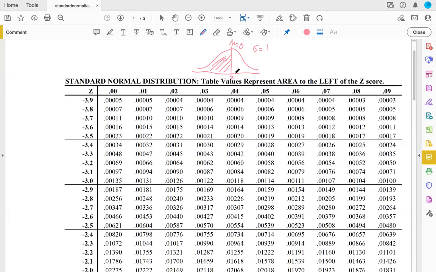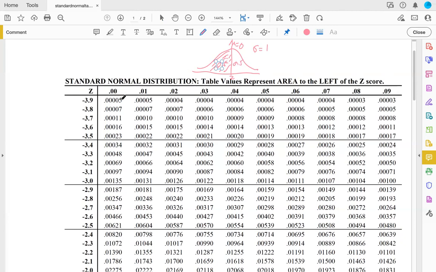For example, I would like to know what the z value is for the probability here. For the probability, the shaded area here is 0.5, because as you know, the whole area should equal 1. So if this is 0.5, this is 0.5 as well.